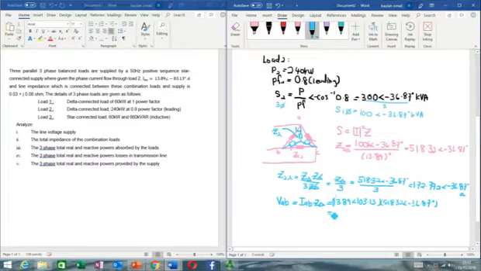Okay, so the answer is 558.32 angle 36.87, then multiplied with 13.89 angle 103.13. So the answer is 7.2.